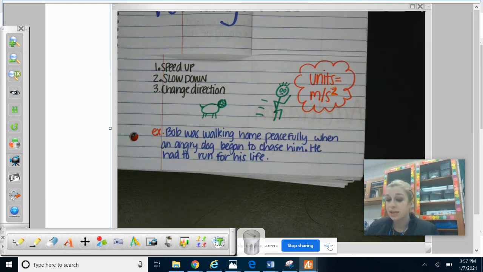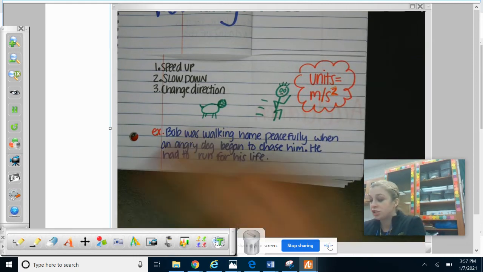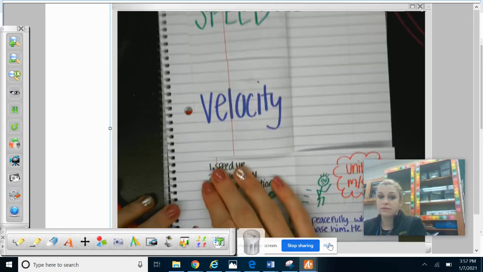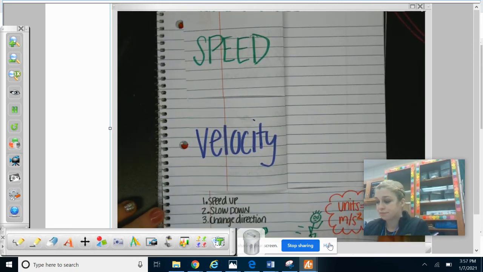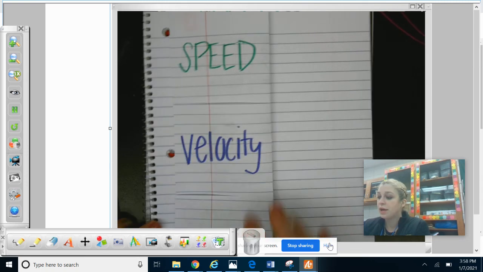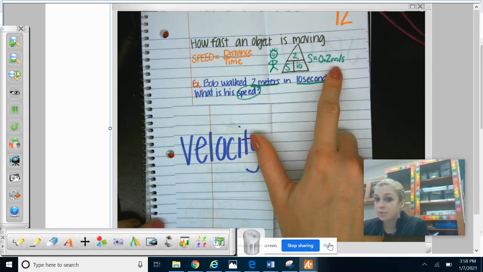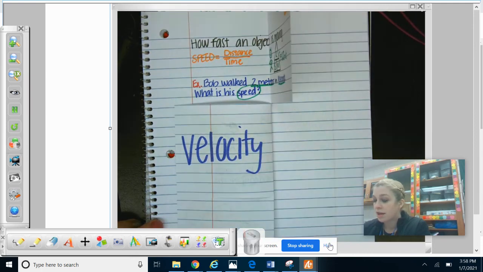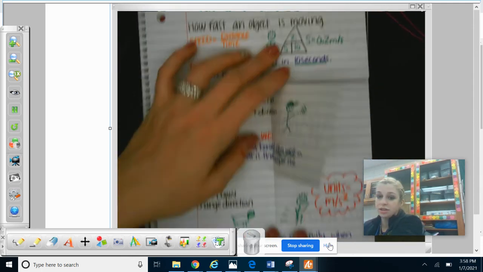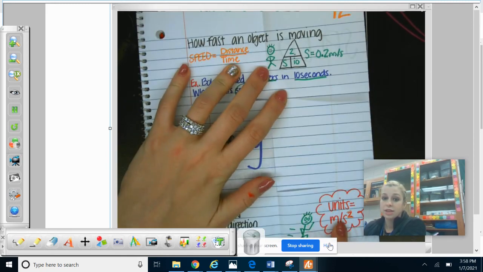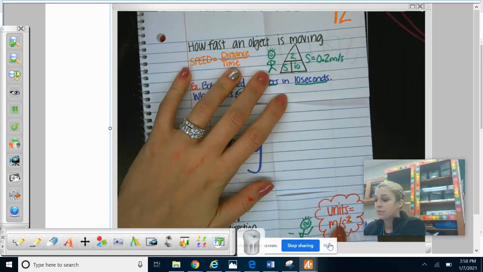So remember, I said you're going to be asked to differentiate between speed, velocity, acceleration. If you are given a speed, the units will be meters per second. If you're given an acceleration, the units will be meters per second squared. That's one easy way to differentiate.